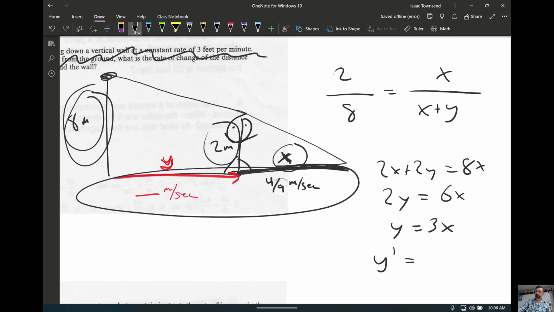Y with respect to t, 3x with respect to t. Yep. And which one of these two are we trying to solve for? Okay. Do we know x prime? 4/9. And then when you plug that in, it gets you 4/3, which was the correct answer.